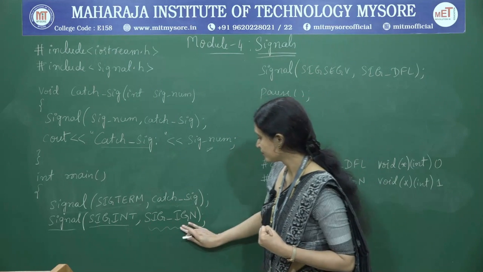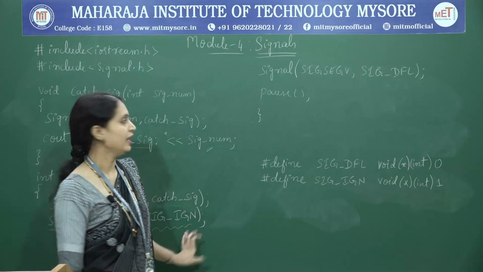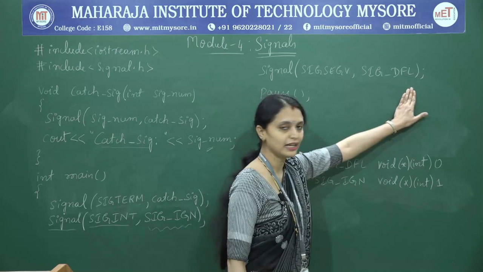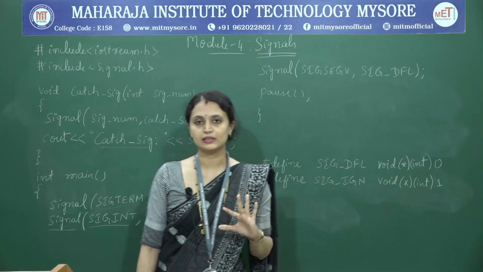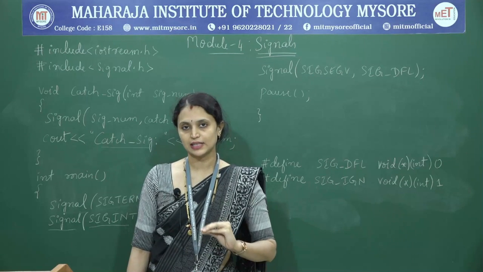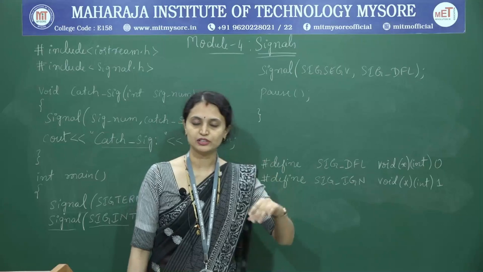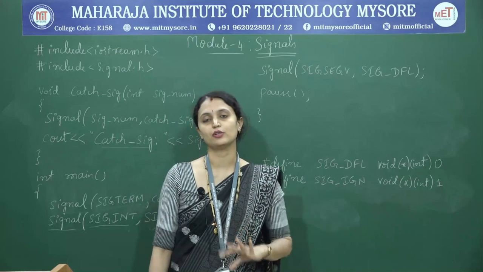These two values, SIG_IGN and SIG_DFL, are manifest constants that are defined under signal.h.